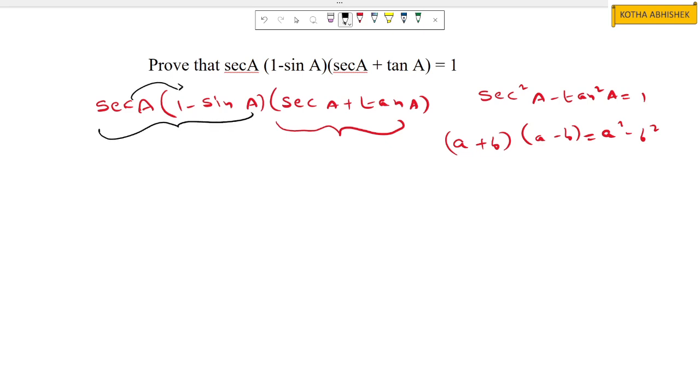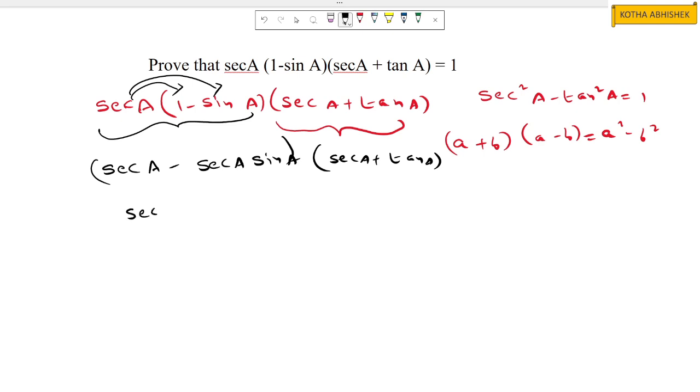Now sec A into 1, which is sec A, minus sec A into sin A. This total part as it is, again times sec A plus tan A. Here sec A as it is minus sec A, I am writing it as 1 by cos A, this sin A as it is, times sec A plus tan A. Close it.